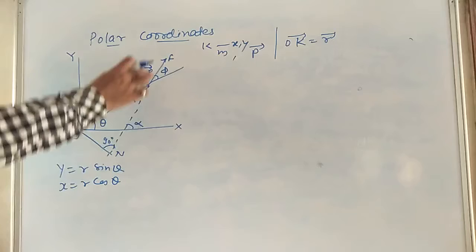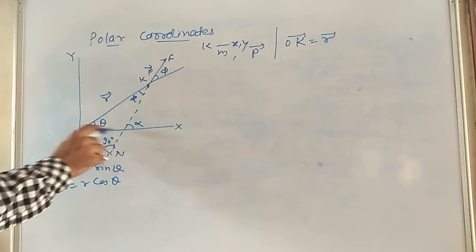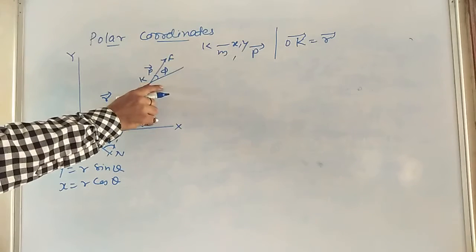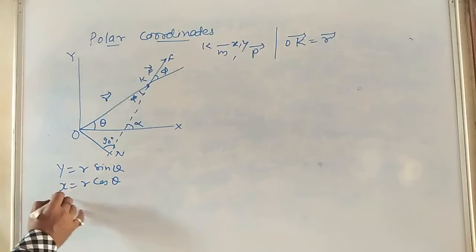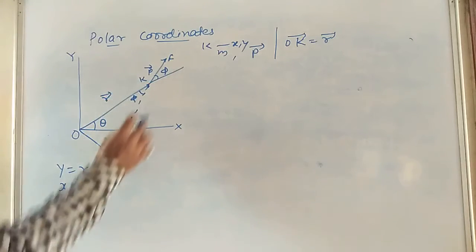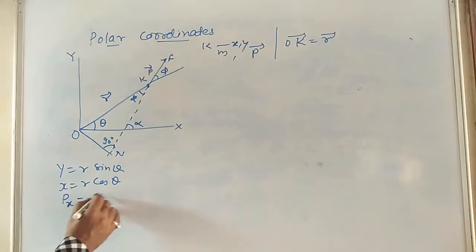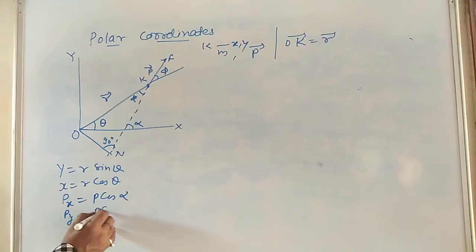Let the line of action of linear momentum P make an angle alpha with OX, and the angle here is phi with R. PX would be the component of P along this axis. Angle is alpha, so P cos alpha, and PY is equal to P sin alpha here.